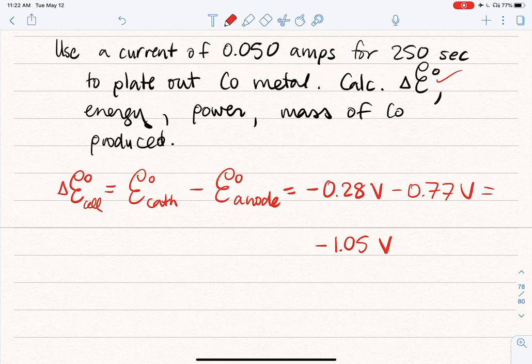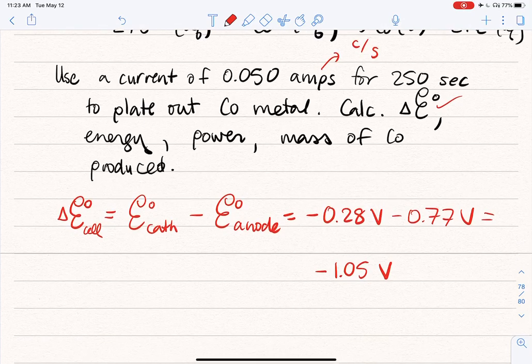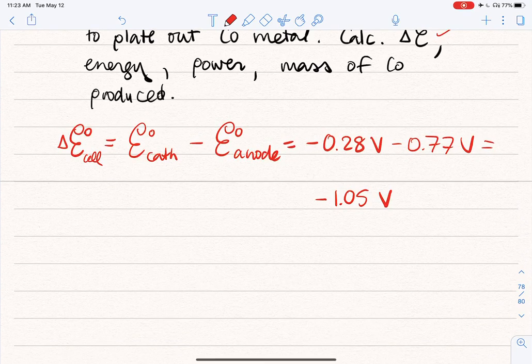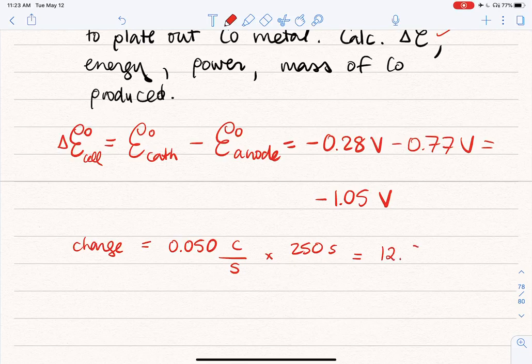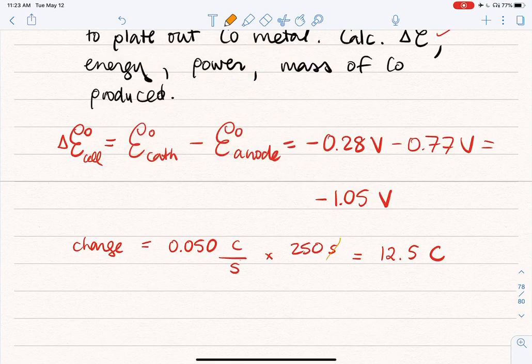It's important here to remember that amps are synonymous with coulombs per second. So if I want to calculate the charge, I can take the number of amps, which is really just coulombs per second, and multiply it by the number of seconds that I'm running this reaction for to get the charge, which is just in plain coulombs. So the seconds cancel and I'm left with coulombs.